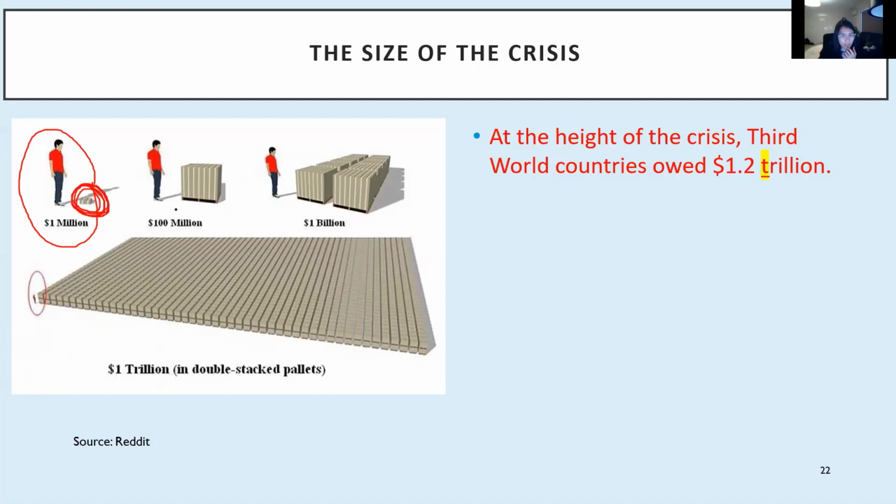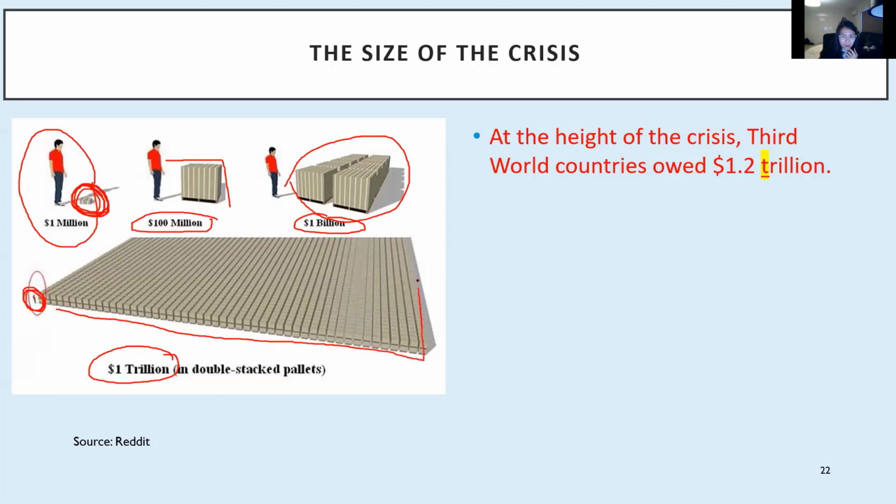Okay, if you have $100 million, it will be half the size of a human. If you have $1 billion, it will be this much. Yeah, but if you have $1 trillion in debt, then this is you, this is a human, and this is how much debt you are looking at.